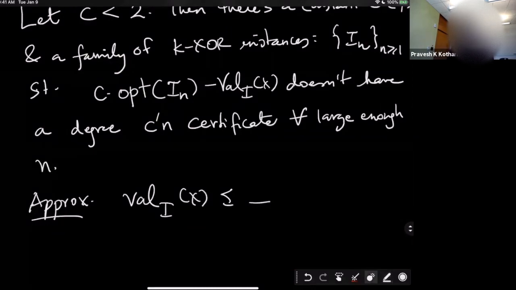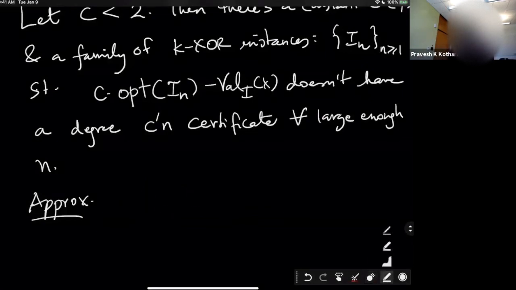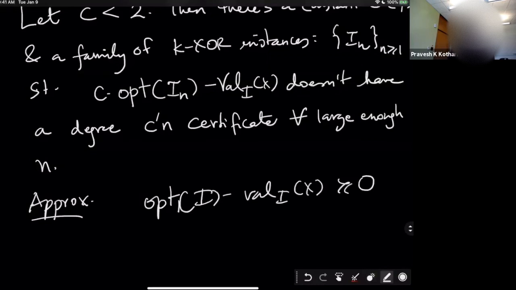Okay. So in general, the problem of solving a K XOR instance is the same as upper bounding val I x. This is the same stuff that we did in the context of max cut. And so when you ask for certificates, the best possible certificate would be to prove that val I x is always at most opt I. That's equivalent to proving that opt I minus val I is always non-negative, right?